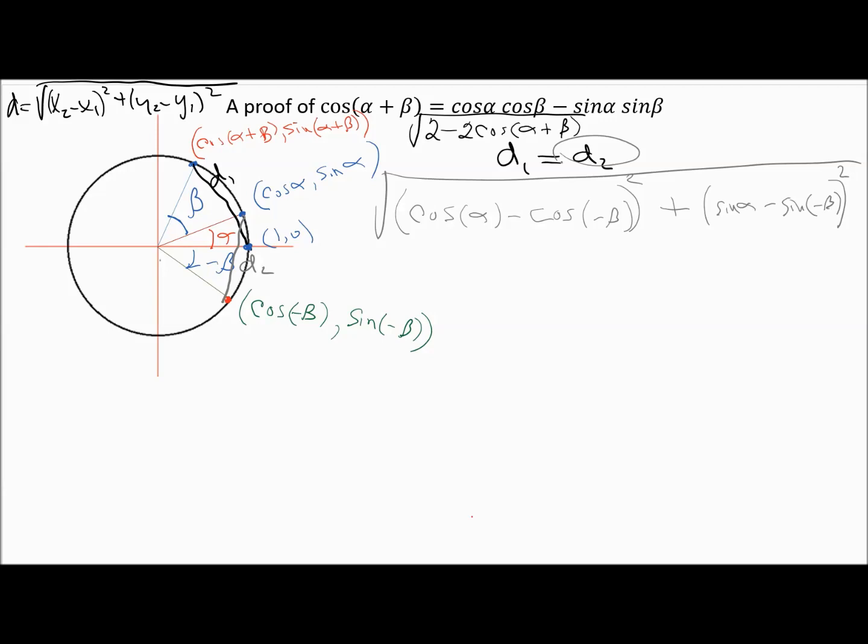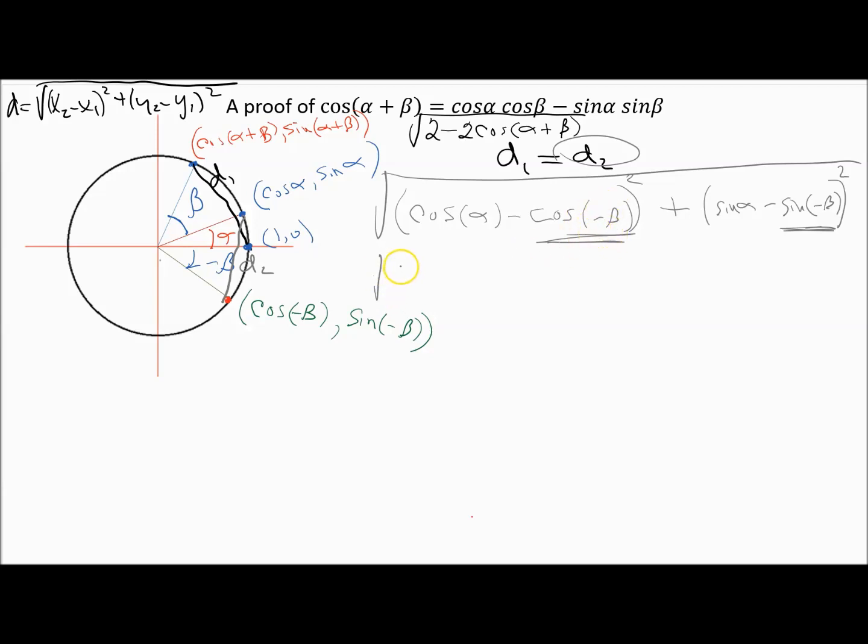The first thing I need to recognize here is I have to do something with these negatives inside my trig function. This is where we use our even-odd properties. Remember, cosine is even, which simply means the negative disappears. Cosine of negative beta is exactly the same thing as cosine of positive beta. So that's going to be my next line, to get rid of this negative.